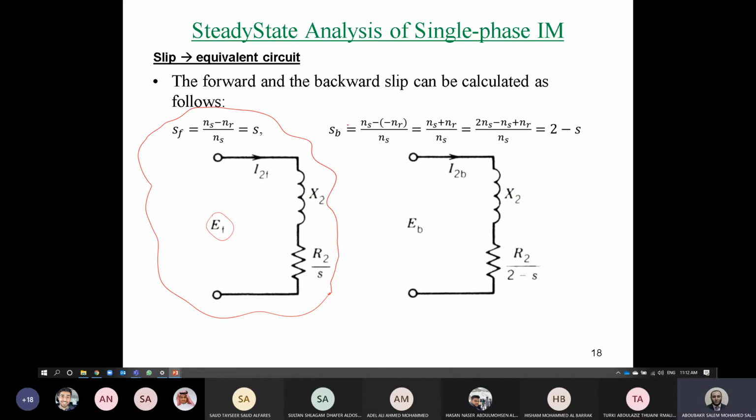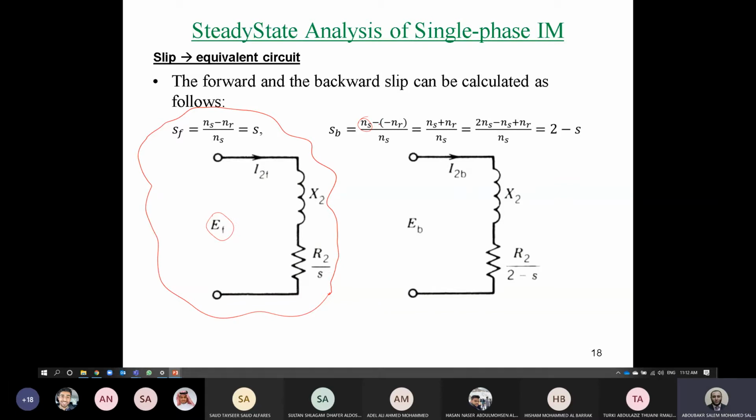This is right, which means it will be higher than the value of slip given before for the three-phase induction motor, because the backward flux is moving at a speed of ns, and the motor is moving in the opposite direction because it's moving already with the forward flux.